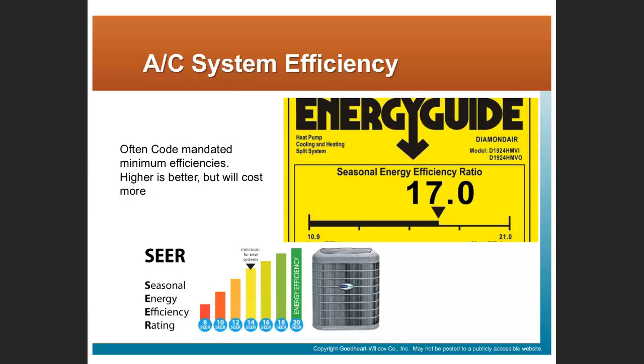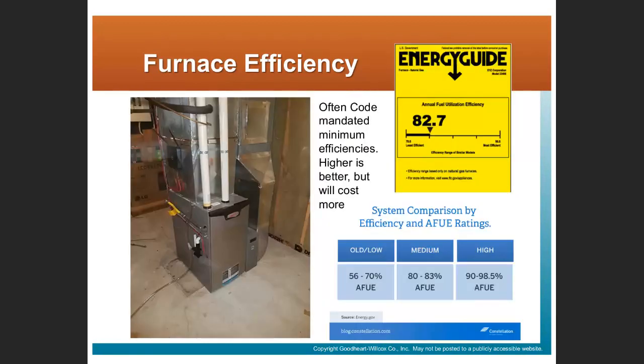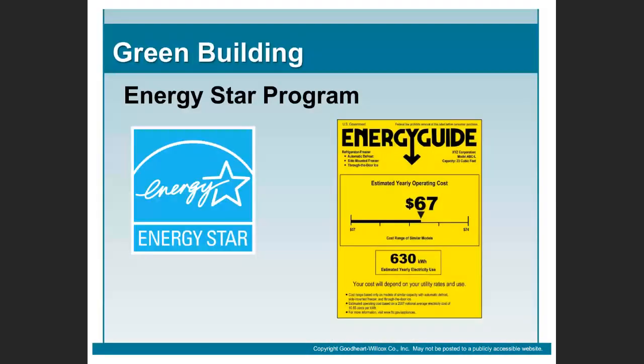We talked about SEER, or seasonal energy efficiency rating, for air conditioners. So again, higher SEER is better. Higher AFUE is better, more efficient. The code will have minimum efficiencies, and we want to do better than the minimums in the building code.